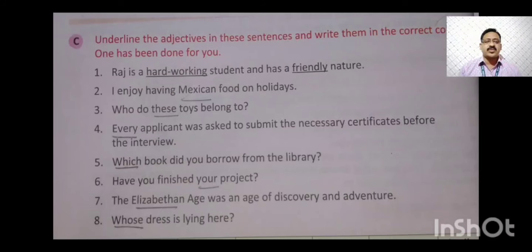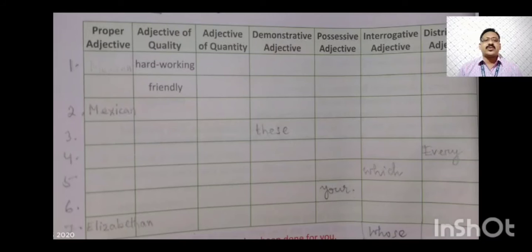It will be easier to identify the adjective. You can see a chart is there. Whatever adjectives we found, we have written in this chart: proper adjective, adjective of quality, adjective of quantity, demonstrative adjective, possessive adjective, interrogative adjective, distributive adjective. Every column has its name if it is there in the question, and I have written it for you.